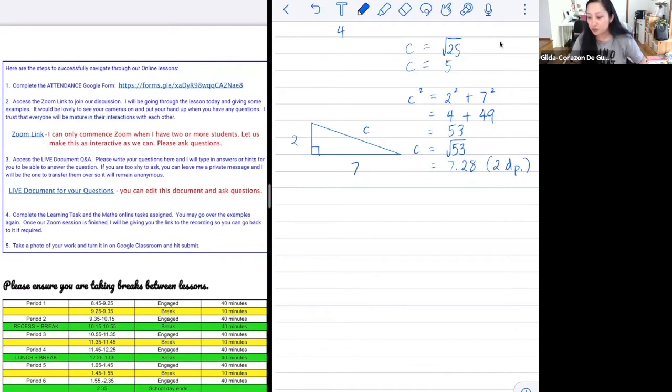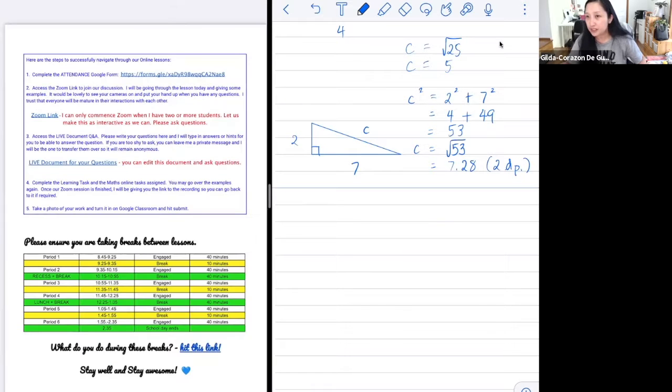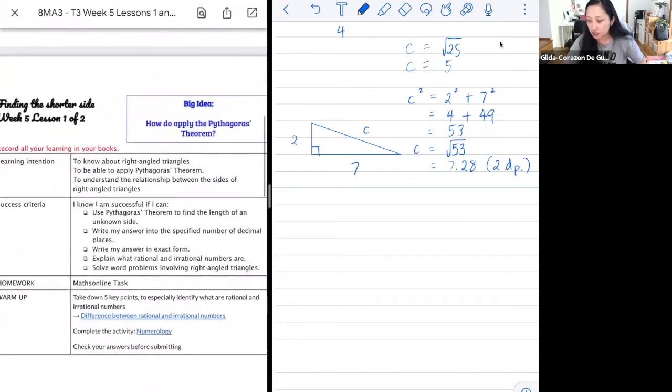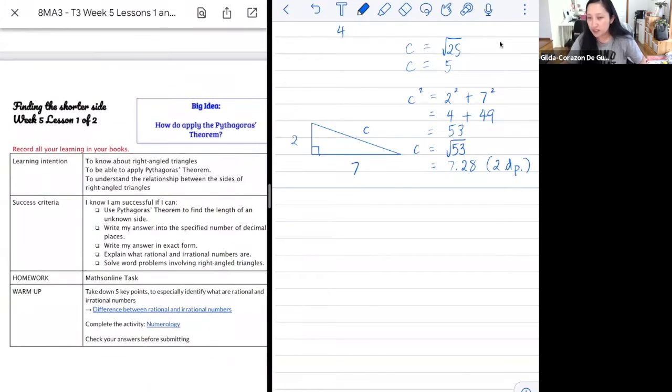How did you go with the work from last lesson? It's very similar to what we're doing now. If you look at our learning intention, it's just the same as last time. We're still applying Pythagoras' theorem. But if you look at the title, what does it say? It's a bit different. It says finding the shorter side.